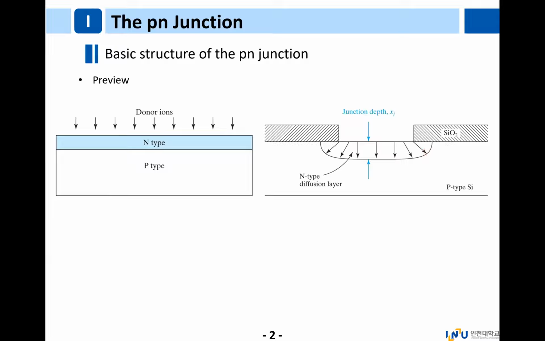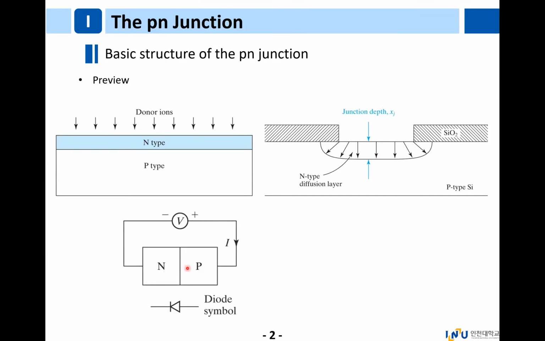The resulting p-n junction created through this process typically forms a junction in the vertical direction, right? However, for the interpretation, it is common to express the n-type and p-type semiconductors as adjacent in a horizontal configuration.